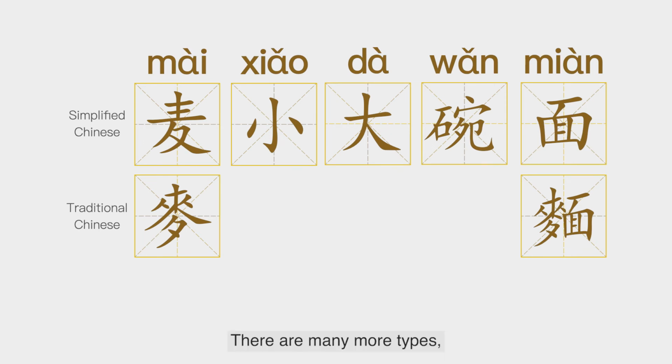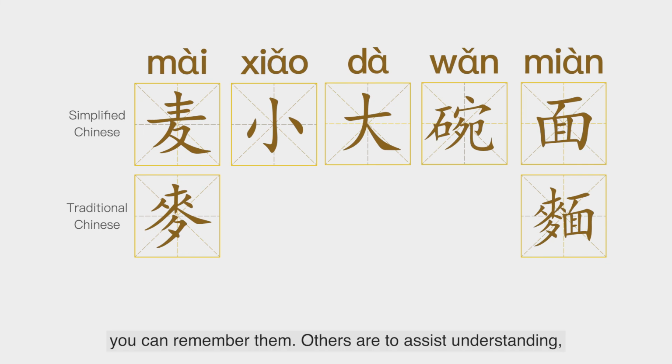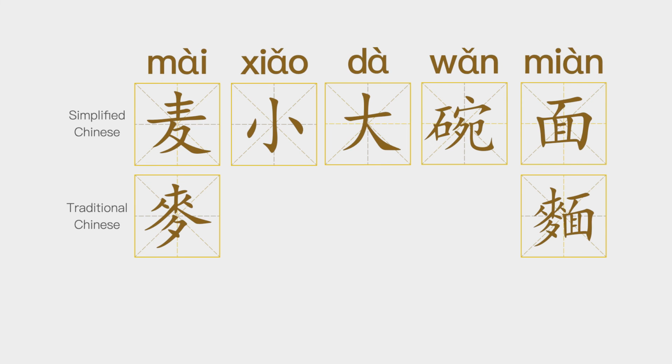There are many more types, and we will introduce them one by one later. If the Chinese characters appearing in today's video are highlighted, you can remember them. Others are to assist understanding and will be mentioned in the video later, so you don't need to memorize them.